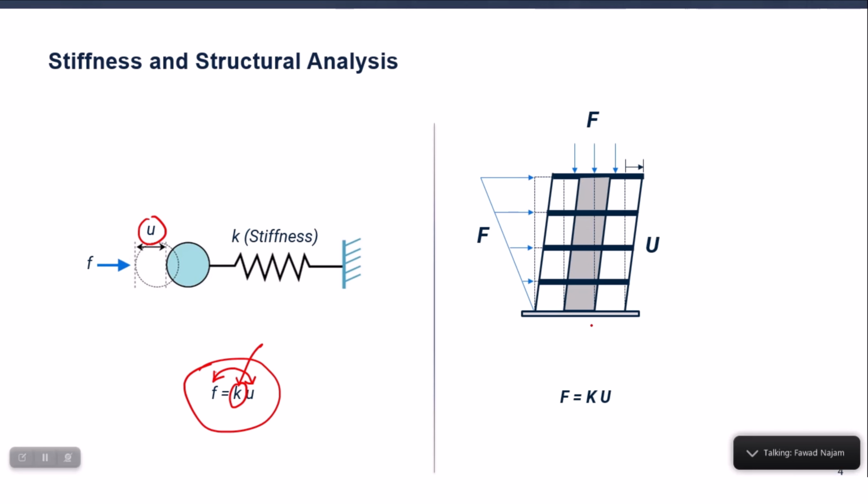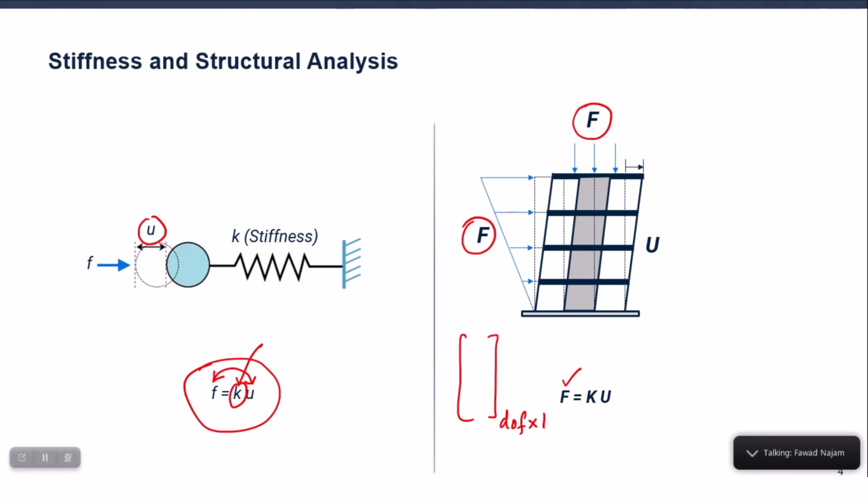We have applied loading which can be lateral loading, vertical loading. Using that information, we construct what we call the F vector. It is a vector of order degrees of freedom by 1, so it has as many entries as the degrees of freedom in that structure.